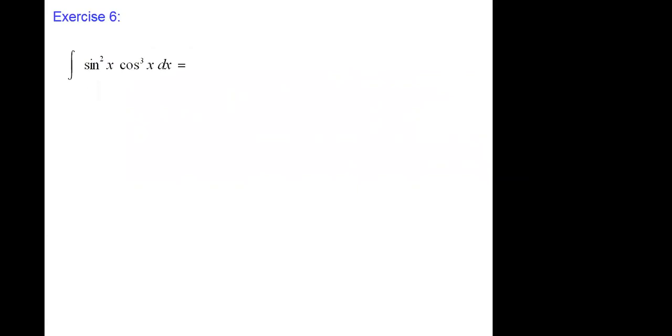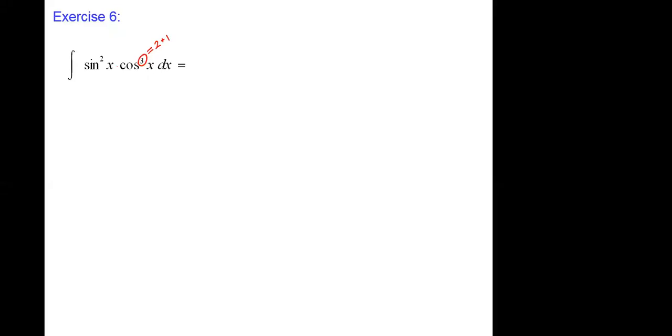Exercise number 6. Sine square and cosine cube. And what we will do in this case, I will look at the odd number, because again, we like even numbers, to be honest, right? Pythagorean identity. That means I will look at the odd exponent, odd power, and I will rewrite it as a second power and 1.